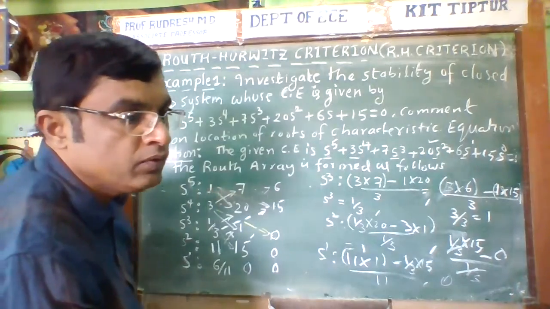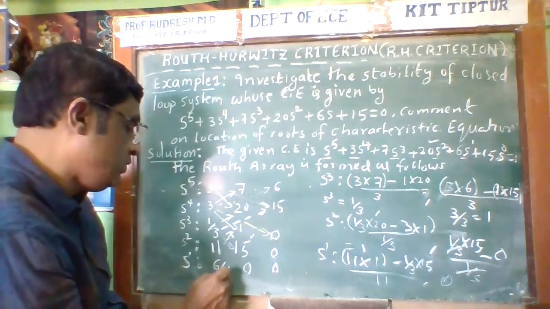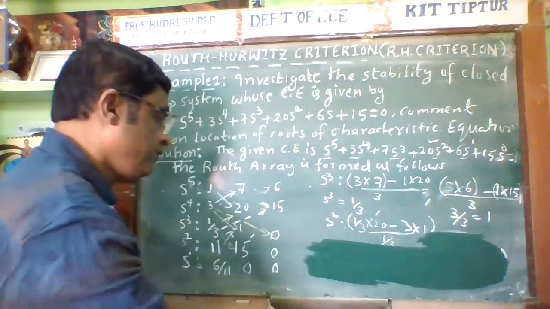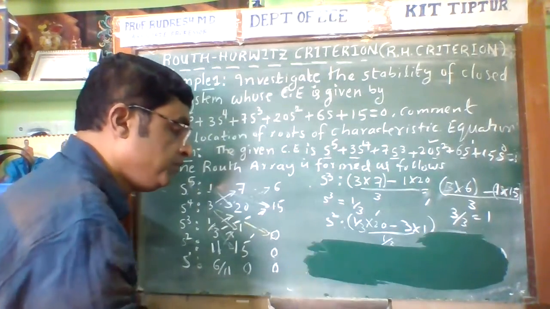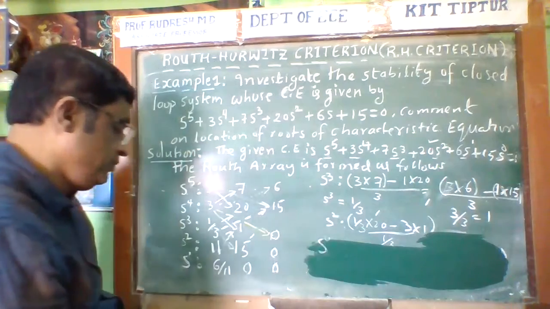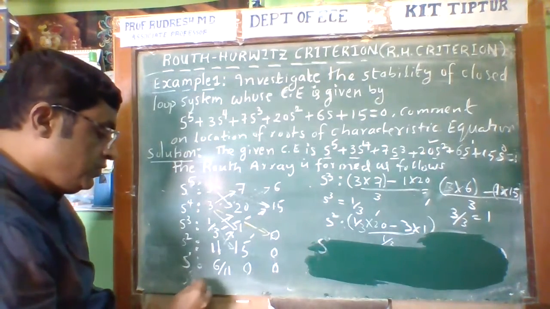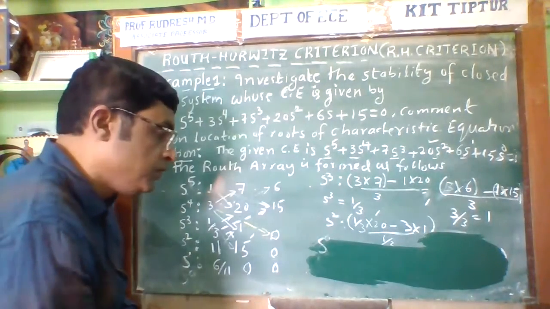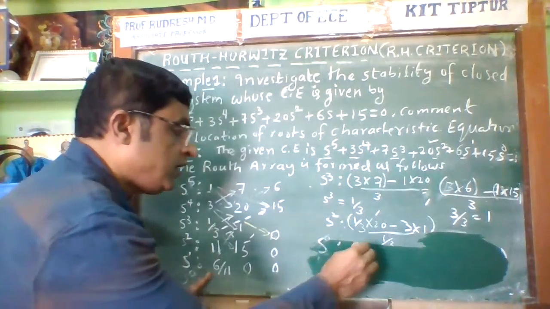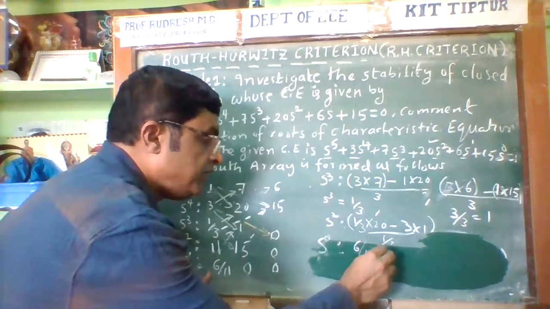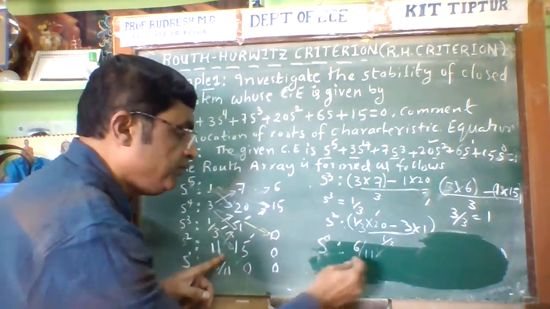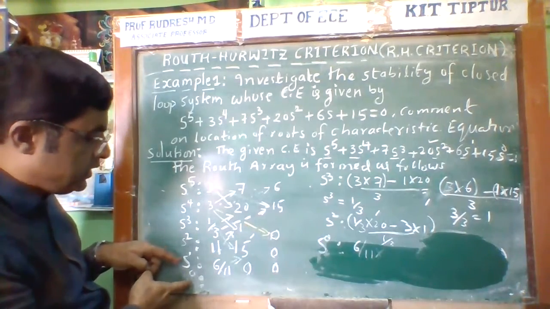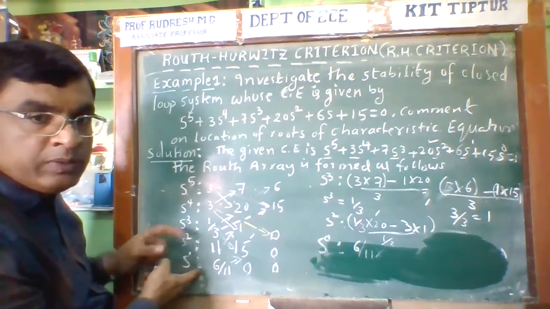Now what is the next element? The S power 0 element. The S power 0 row element can be formed by utilizing the previous two rows' elements.